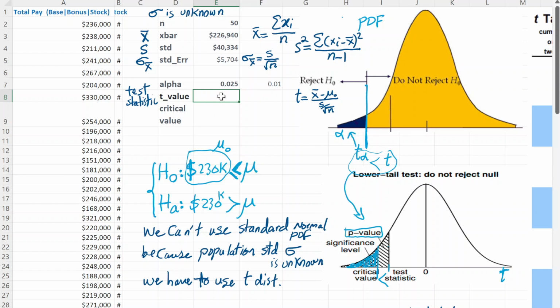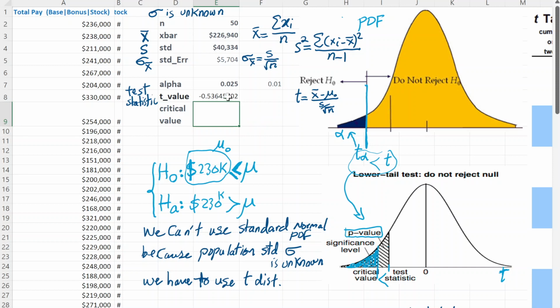Let's do that. It's the same value for both alpha cases; it is not different. So the t-value is x bar, which I found here, minus the hypothesized value, which is $230,000, divided by sigma x bar, the standard error.